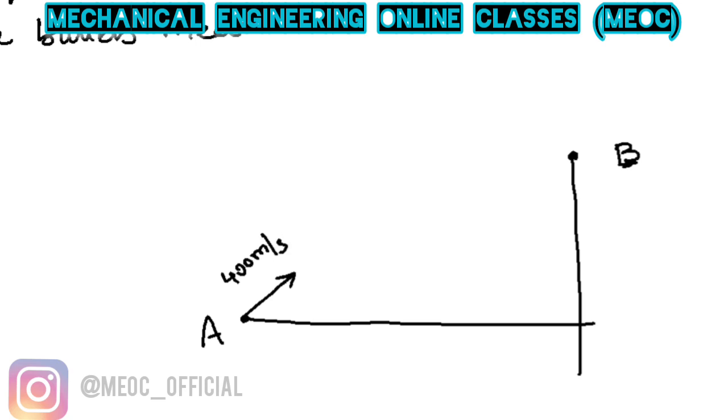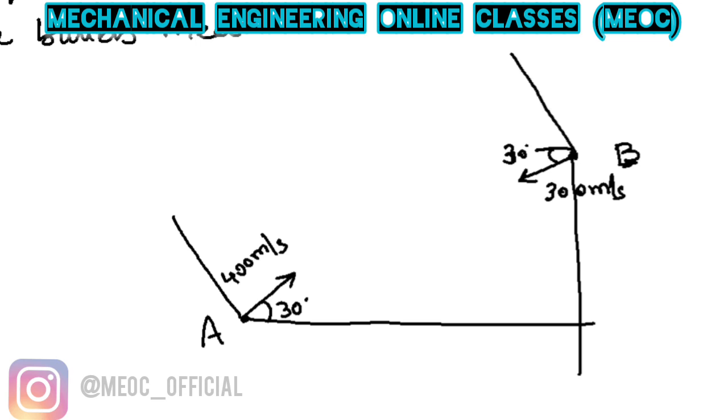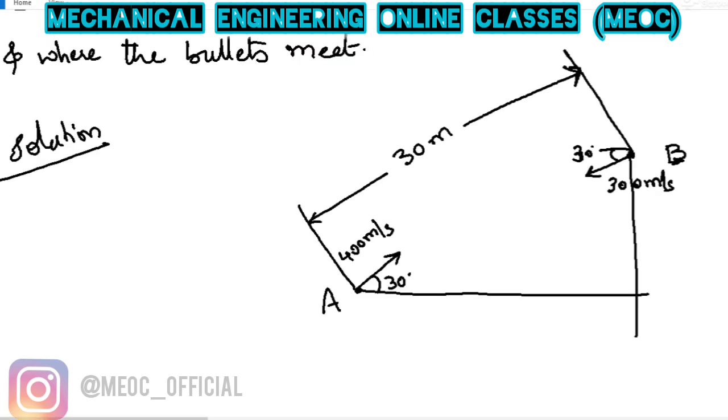The velocity of the bullet that comes from gun B is 300 meter per second, and also given that the angle of elevation of the first gun is 30 degrees, the angle of depression of the second gun is also 30 degrees. Another data that is given to us is the inclined distance between the two guns is 30 meters. So from the given data, this is the diagram that we can draw.